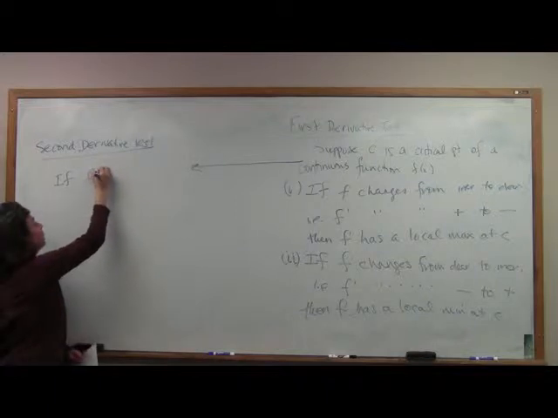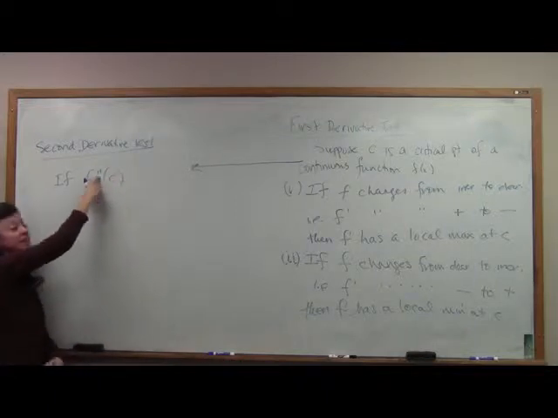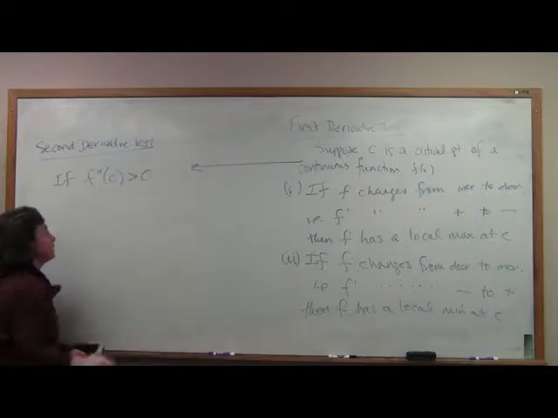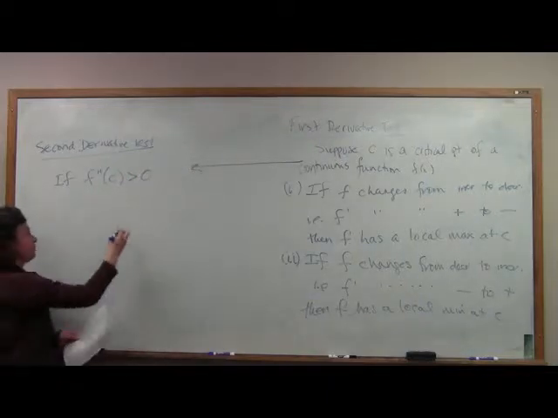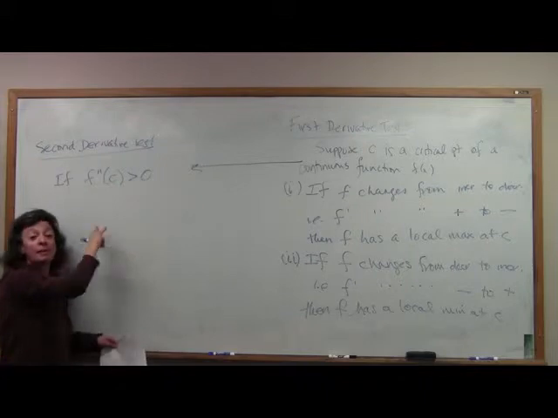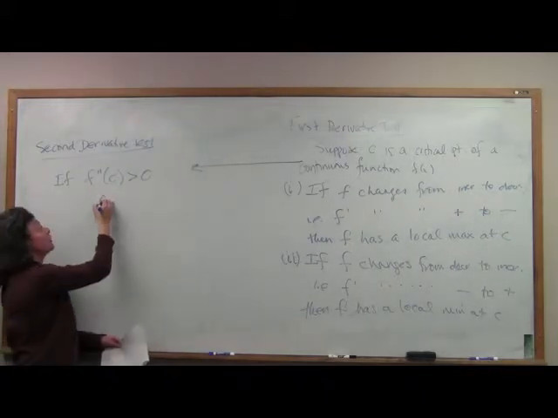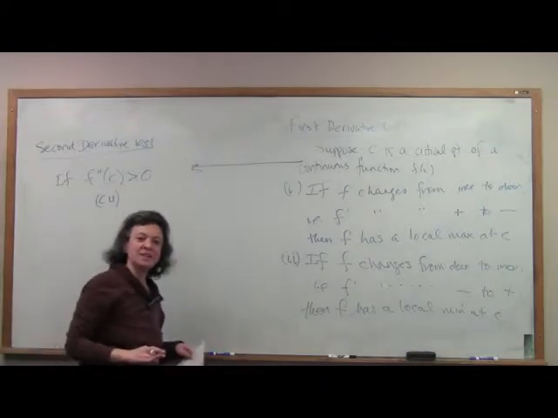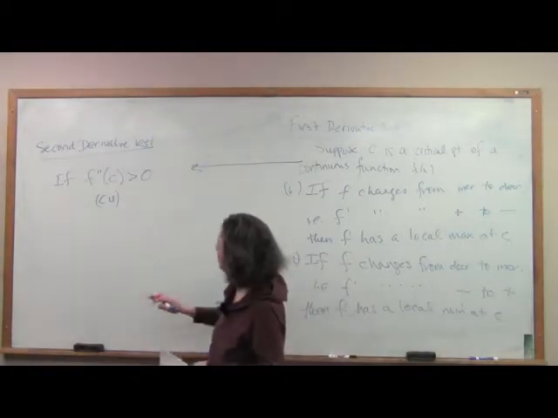If when you plug that critical point into your second derivative and you get a positive number, now what do we know about the shape of the graph? We know that it's concave up. I'm just putting it in parentheses because that's sort of a side note at this point. Okay?